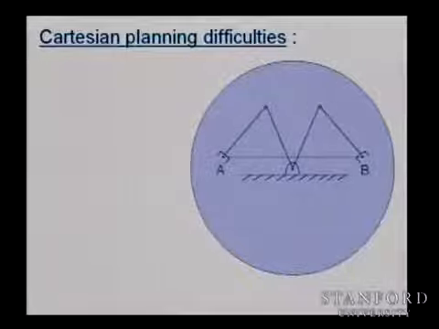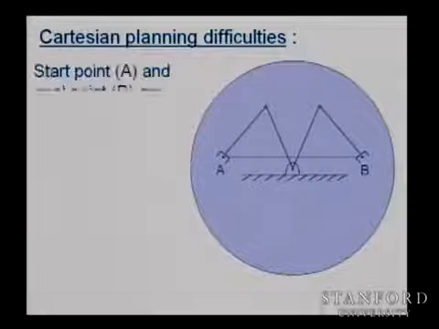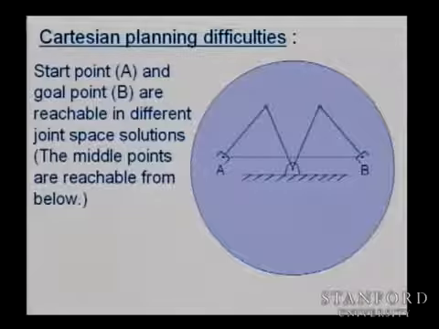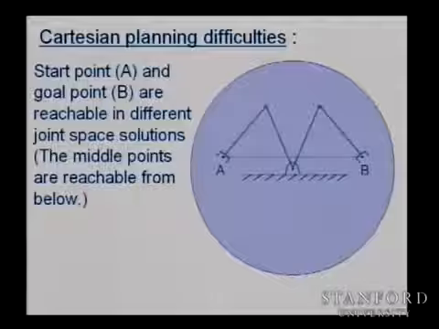So here is another example in which both points are reachable, and everything along the path is reachable without infinite velocities. However, the two solutions are reachable in two different joint space areas.